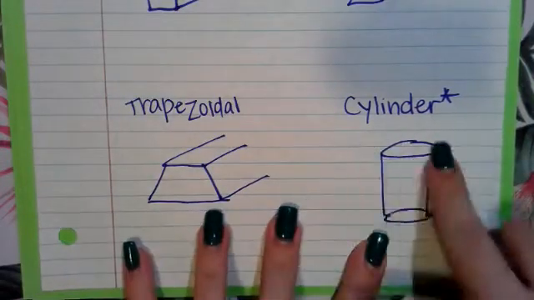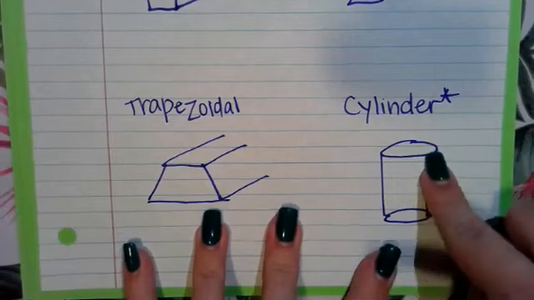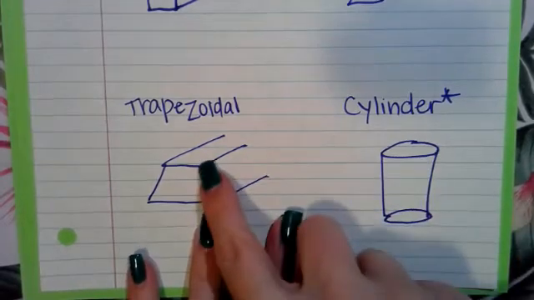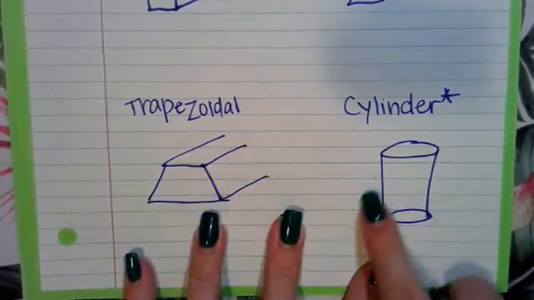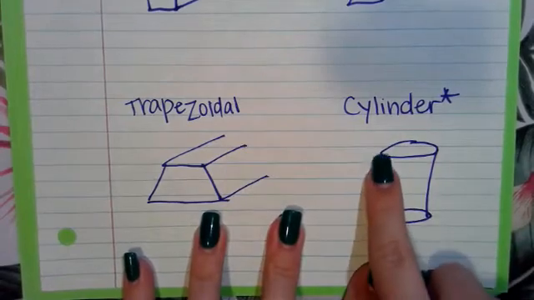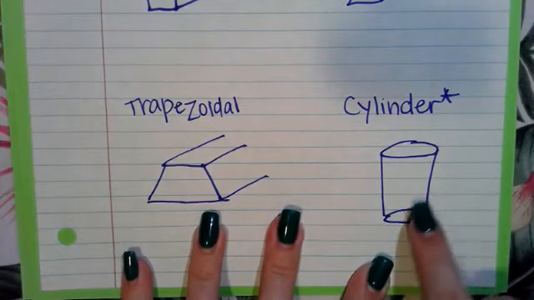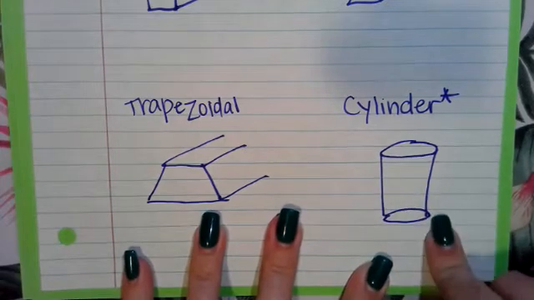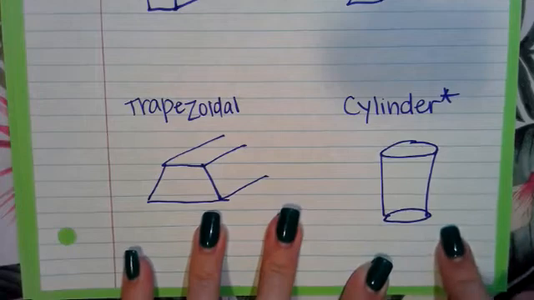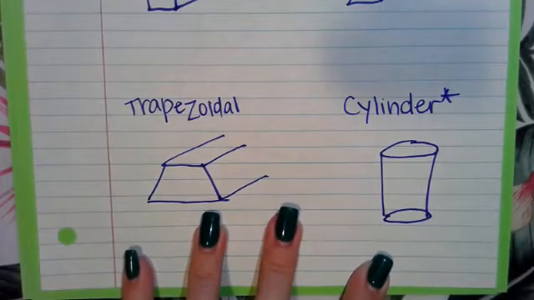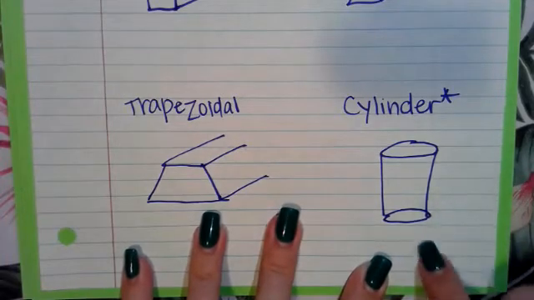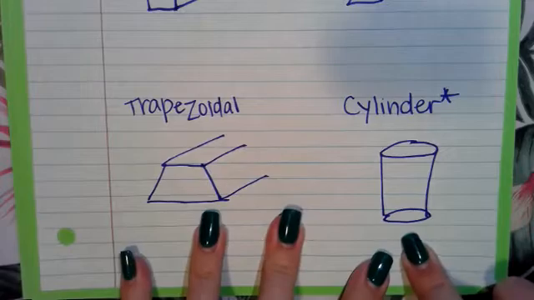A cylinder has a base shape of a circle, and instead of the sides being their own rectangles, it's like a giant rectangle wrapped around the circumference of a circle. When we talk about surface area, this will be a lot more apparent. We'll draw something called a net, or you may have drawn a cylinder net before, or constructed one out of paper, and you already know what I'm talking about. But if you don't, we'll get to that when we talk about surface area.